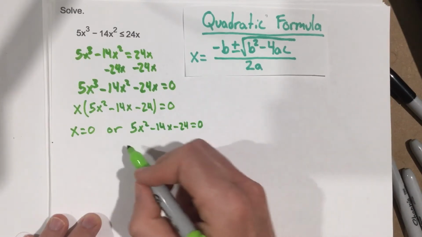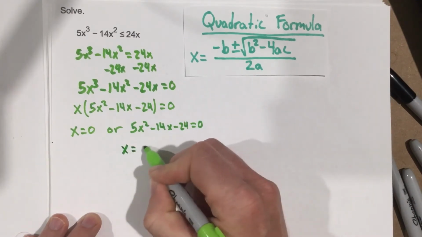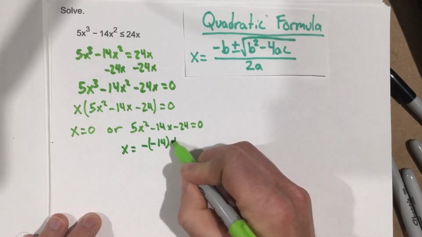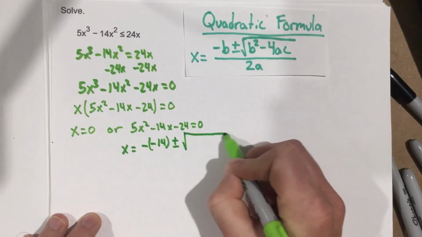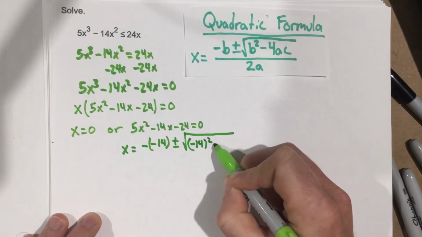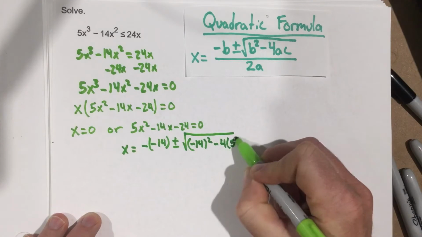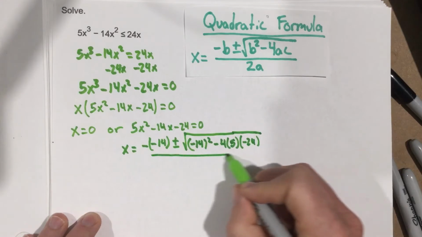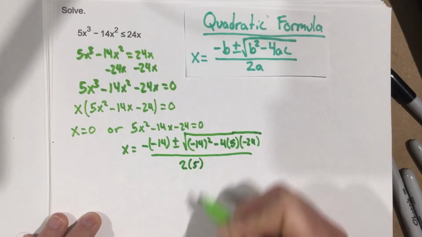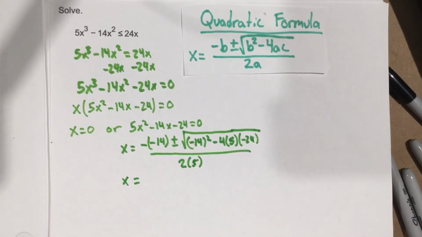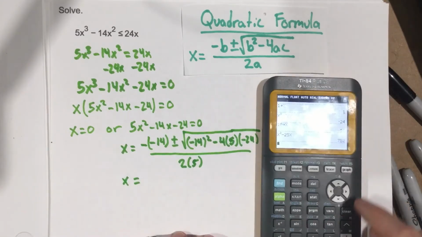So we're going to say x equals negative 14, which is the b part, plus and minus root negative 14 squared minus 4 times a, which is 5, times c, which is negative 24, all over 2 times 5. So x is going to equal, and I'm going to plug all that in the calculator, at least as much as I can.